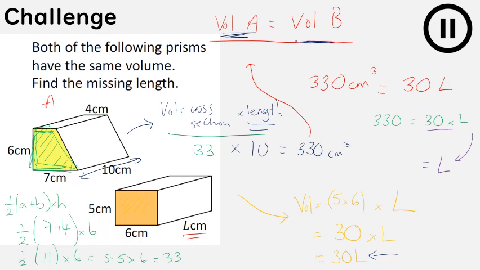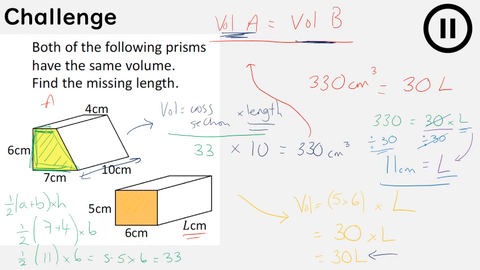So to get rid of times by 30, remember you divide by 30. You do the opposite sign, same number. So on this right hand side, that's going to have cancelled those 30s out. We're left with an L, which is what we want. And on this right hand side, I've got 330 divided by 30, which gives me 11 centimetres.